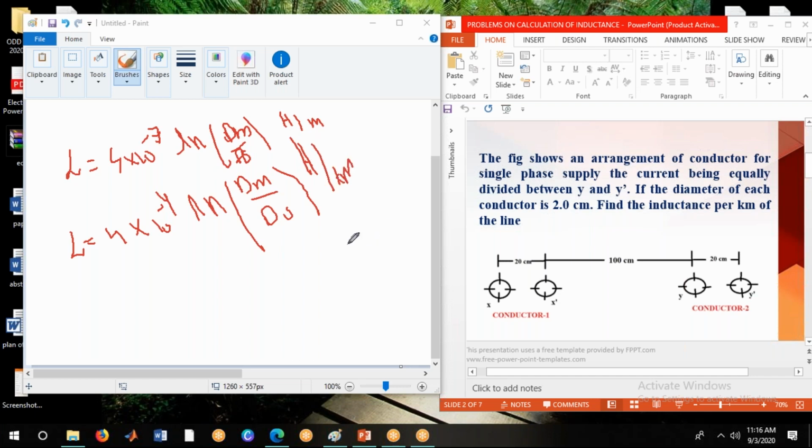So students, keep concentration on what we have to find, whether the value should be in kilometer or meter. Many people made the mistake of directly submitting the problem and leaving it. But you have to check whether they asked for meter or kilometer. It is so important. Now substitute the dm and ds values here, then find the inductance value.